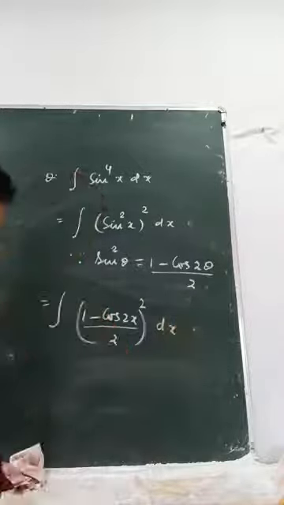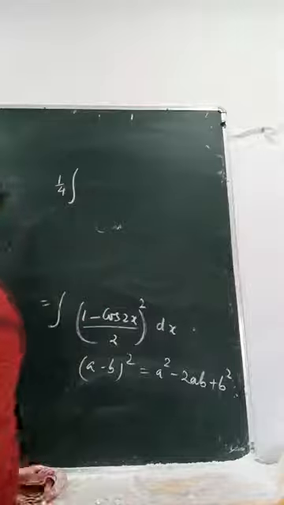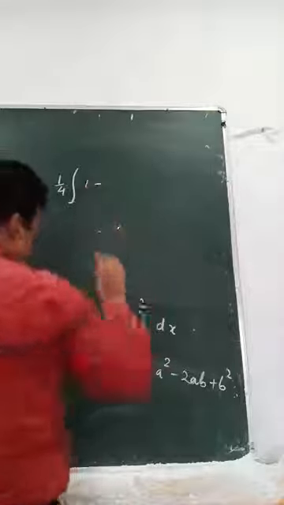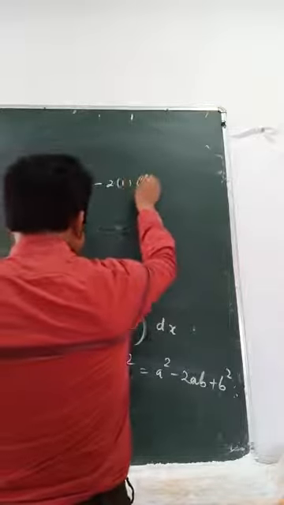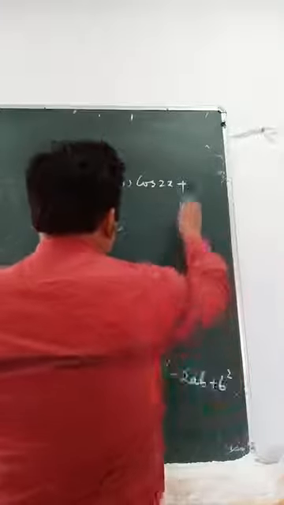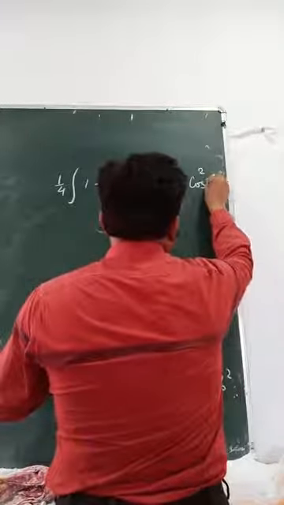So a minus b whole square. What is your a minus b whole square? A square minus 2ab plus b square. So what are we going to get in this? 1 by 2 whole square is 1 by 4. 1 minus 2ab, 2 into 1 into cos 2x plus b square means, look at here, cos square 2x.